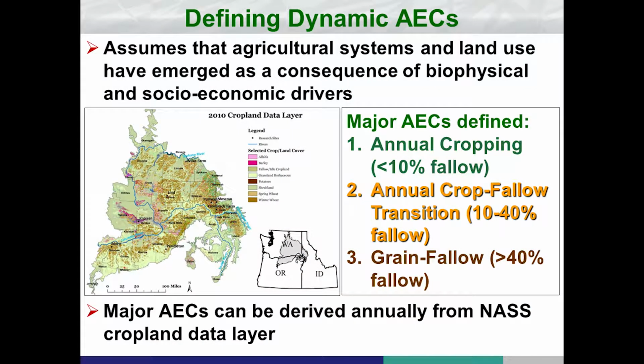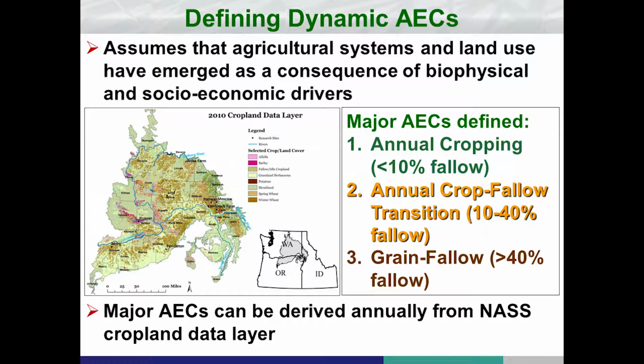Where can they be directed to be most contextual and relevant for that particular area? We're assuming that agricultural systems and land use have emerged as a consequence of biophysical and social economic drivers. Three major AECs were defined: annual cropping, less than 10% fallow; annual crop fallow transition, 10 to 40% fallow; and grain fallow, greater than 40% fallow.